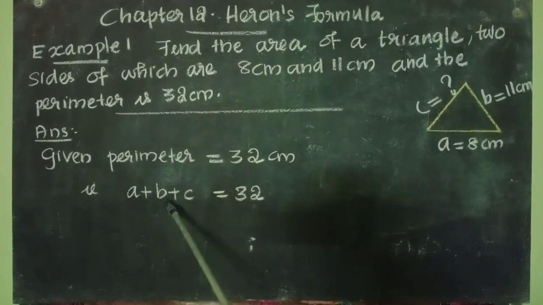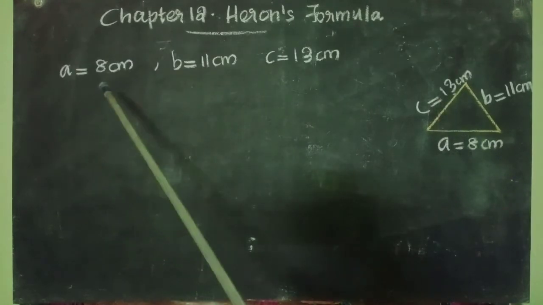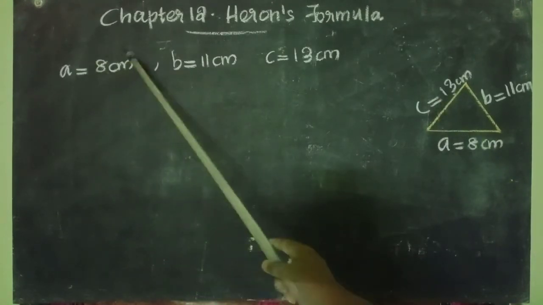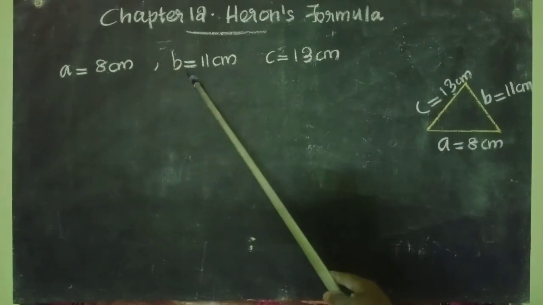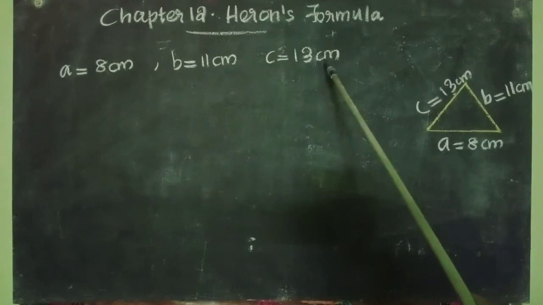A and B are given, that is 8 plus 11 plus C equal to 32. That is 19 plus C equal to 32. So we got C equal to 13 cm. We can give the value of C here. So let us write A equal to 8 cm, B equal to 11 cm, C equal to 13 cm.